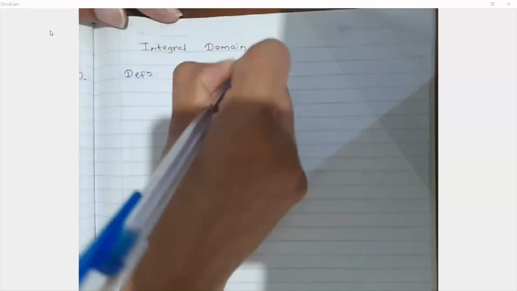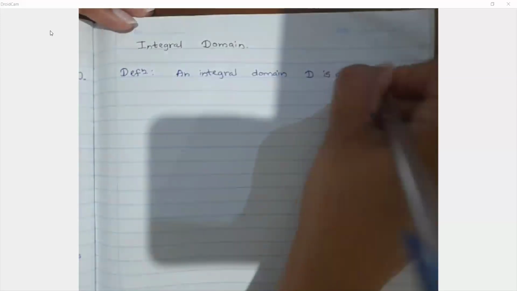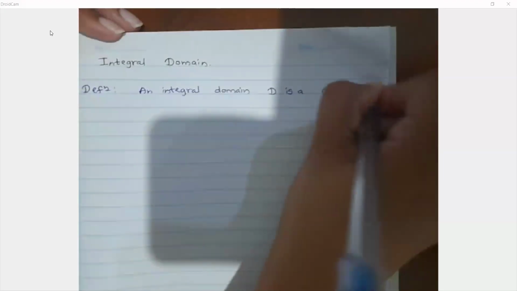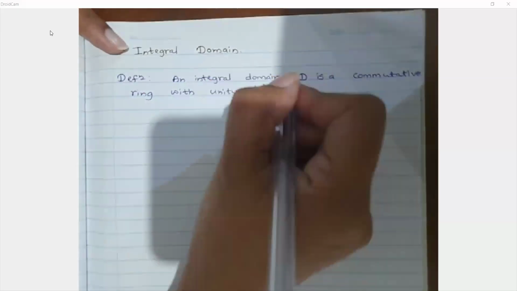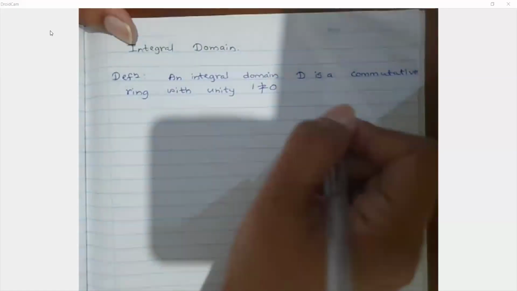An integral domain D is a commutative ring with unity 1, which is different from 0, so that we are excluding the trivial ring, and containing no zero divisors.